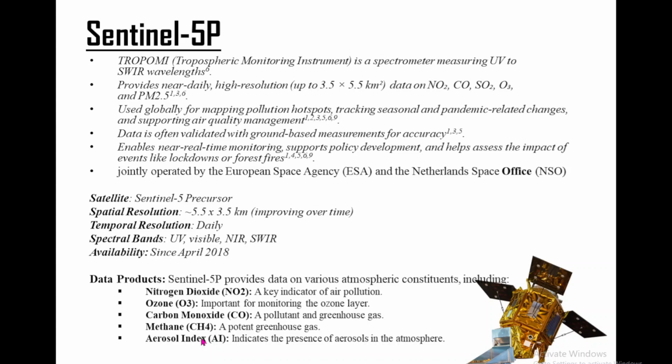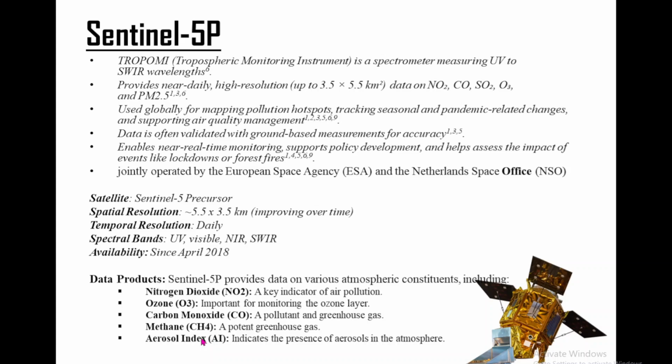TROPOMI, this sensor, represents a significant advancement in satellite based atmospheric observation. It offers a spatial resolution of approximately 5.5 to 3.5 kilometers that we have already discussed. That means each pixel will have these two sides, that is 5.5 and 3.5 kilometers, which makes it possible to detect pollutions at the scale of individual cities and even specific industrial zones.